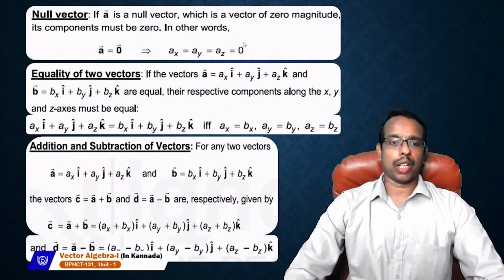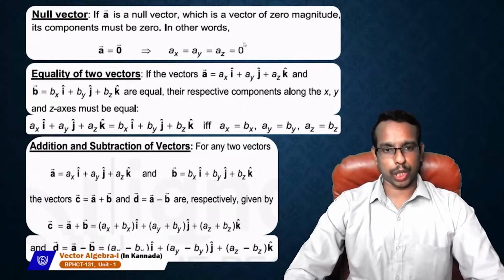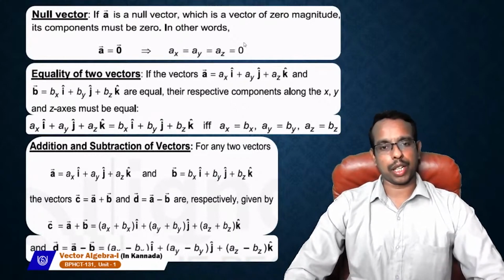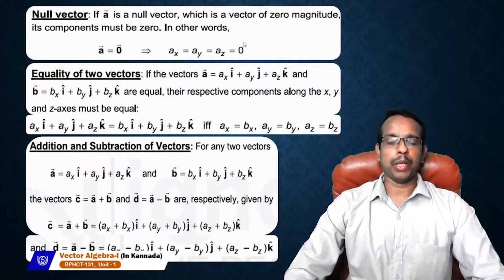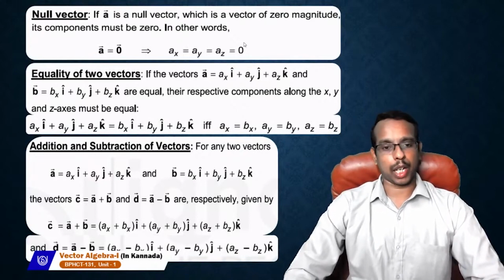For example, take vector A and vector B in component form. I consider vector A is equal to Ax i cap plus Ay j cap plus Az k cap, and vector B is equal to Bx i cap plus By j cap plus Bz k cap.